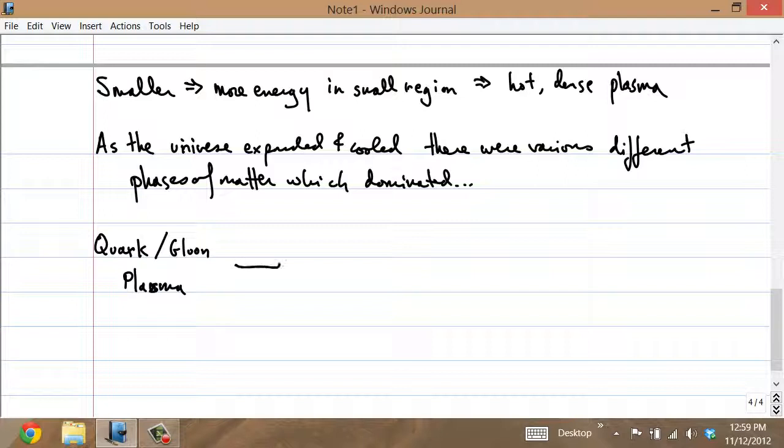And then, as the universe cooled, these quarks all bound together into protons and neutrons, i.e. into nucleons. So a nucleon is just the fancy name that we give to something which is either a proton or a neutron.